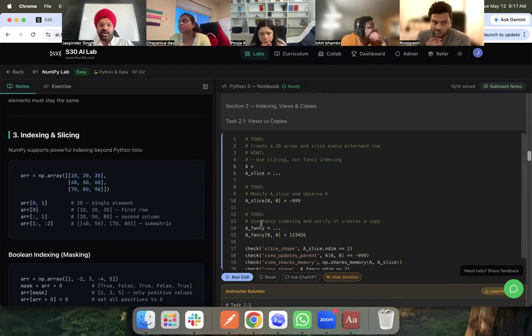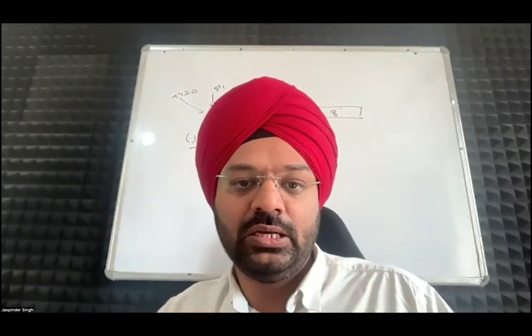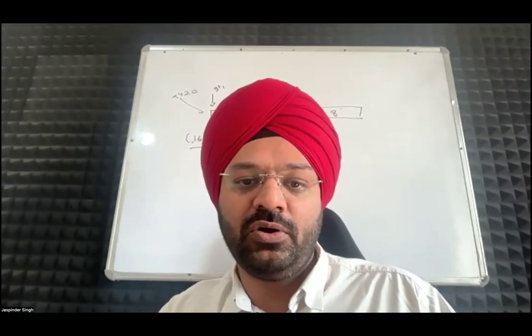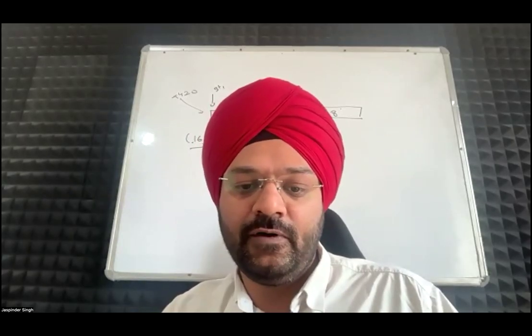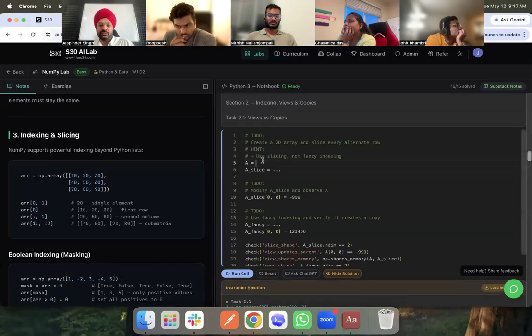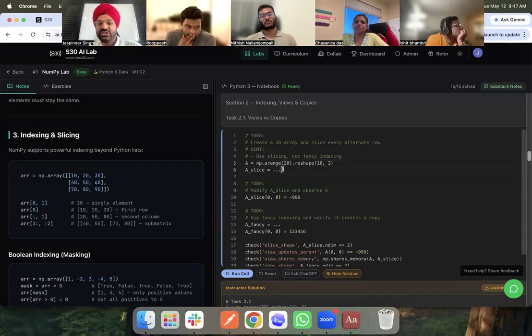Firstly, we are going to create a 2D array and slice every alternate row. Okay, let me see how much is the length that I should be creating. Okay. I am going to create a first array of 20 elements. All right. So np.arange of 20, and I'm reshaping it to 10 by 2.